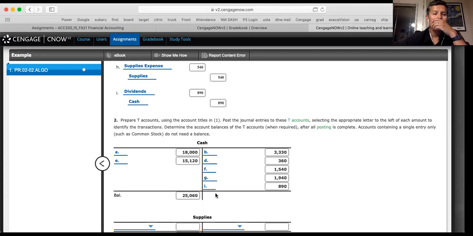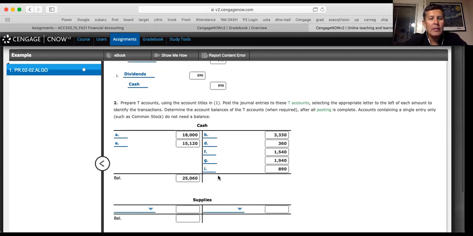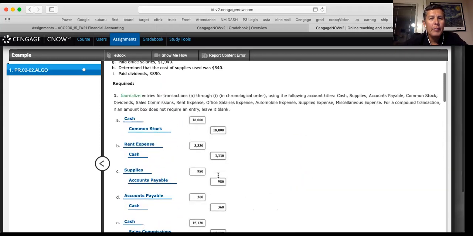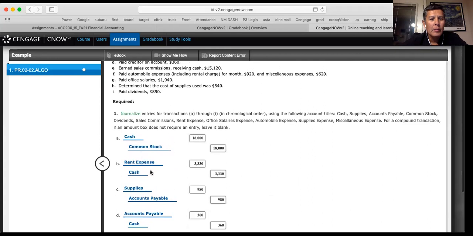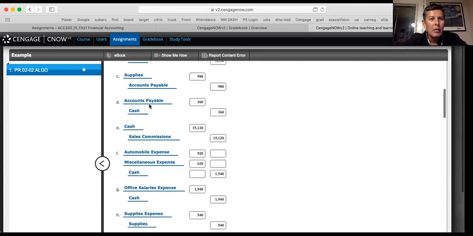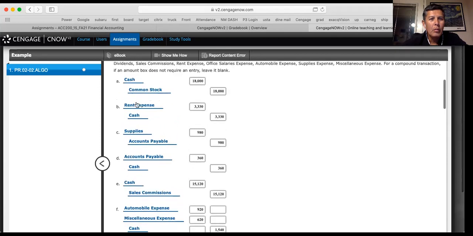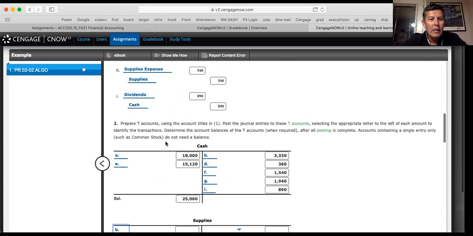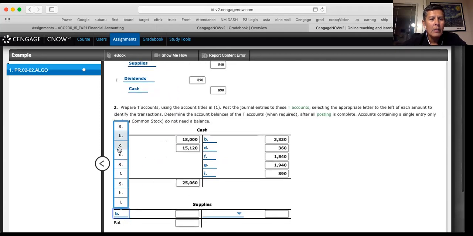Once we do that, now I go on to supplies. Anytime I see supplies, I put that in there. Supplies, C of 980. I think that was B, let me double check. No, C 980, not 890, 980.